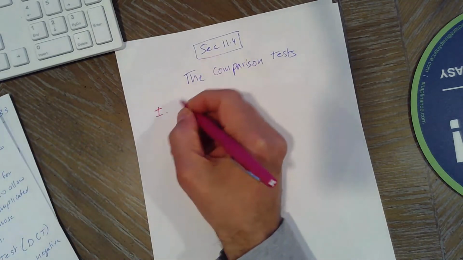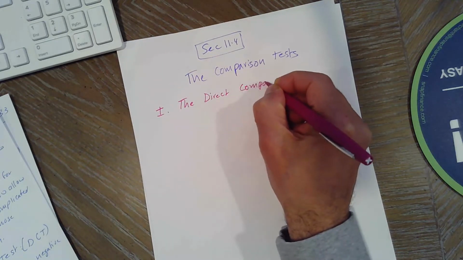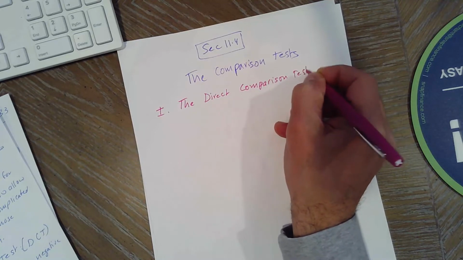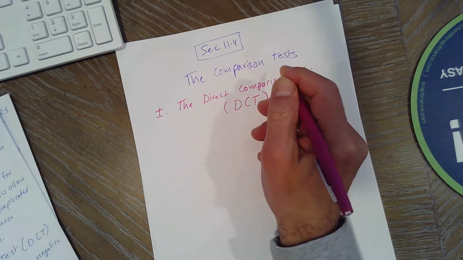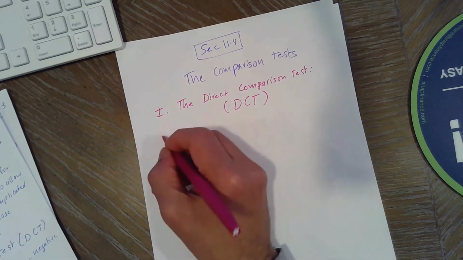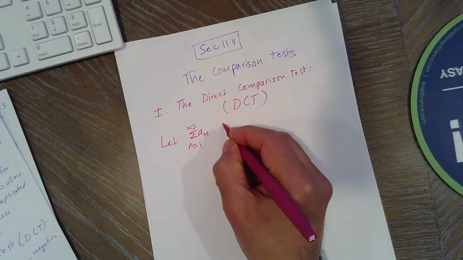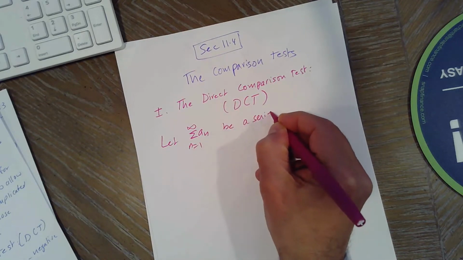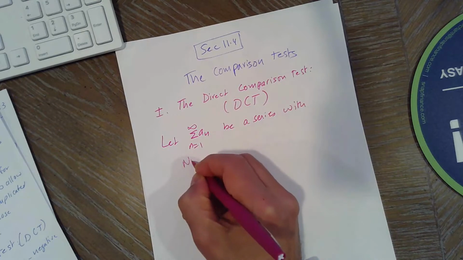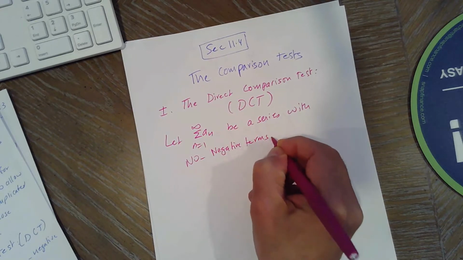Let's see. So first, let's talk about the direct comparison test. Let the series that we're trying to find the convergence of, from 1 to infinity, be a series with no negative terms. So all the terms in that series have to be positive or zero.